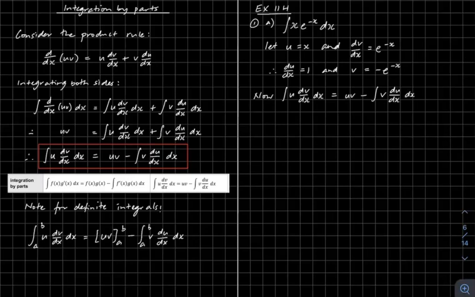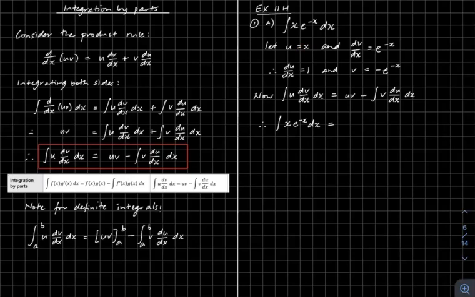times du dx. So therefore, the integral of x times e to the negative x, well, now it's just a case of substituting. So that was my u. So on this side, I need u there, and I need the derivative of u in there. I need v here and there. So there's my u.